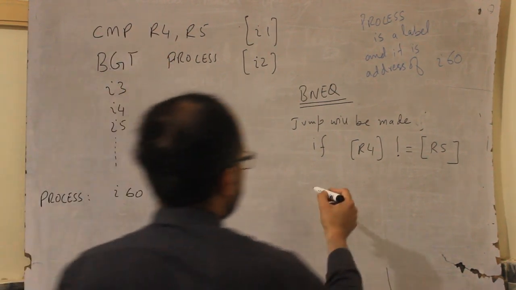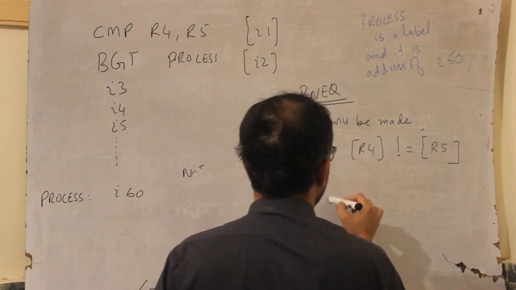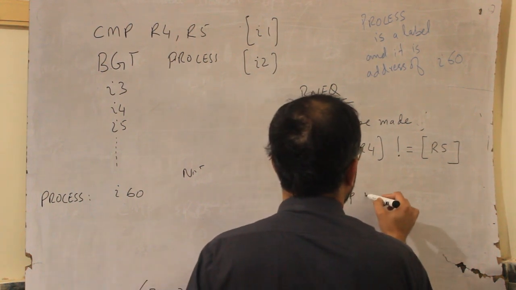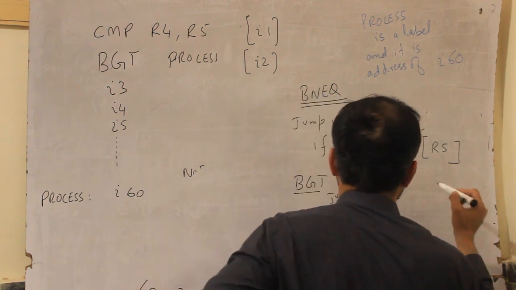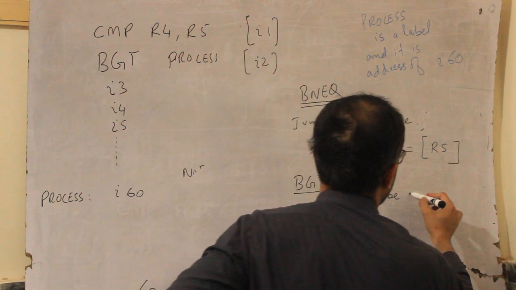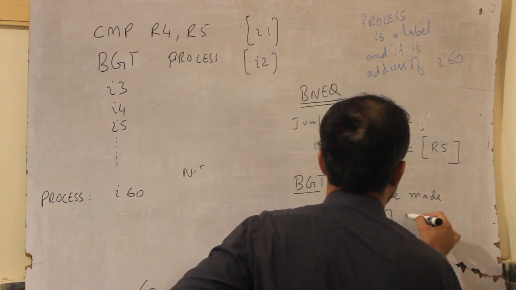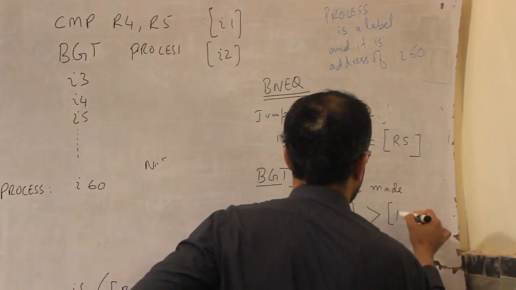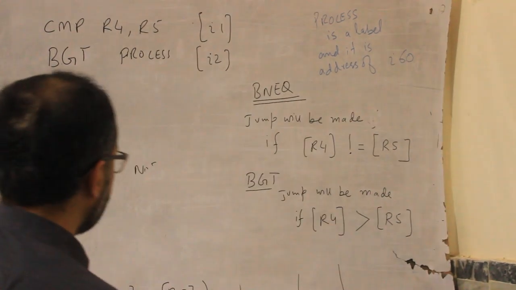What is BGT? It stands for branch greater than. In BGT, a jump will be made if R4 is greater than R5.